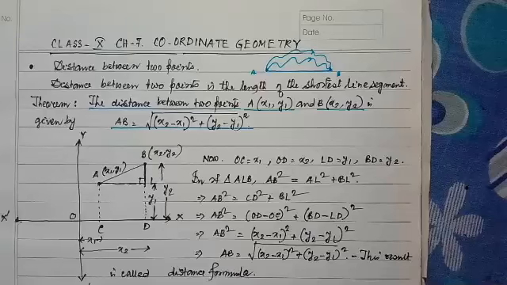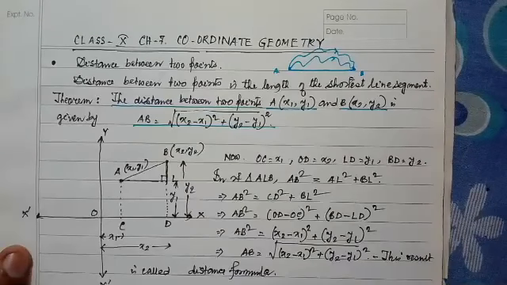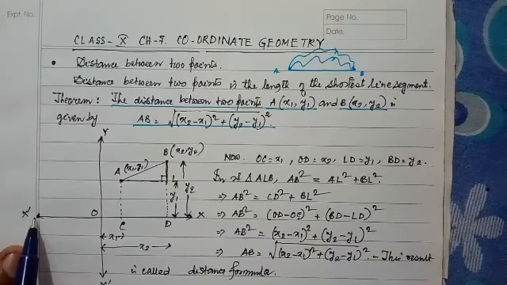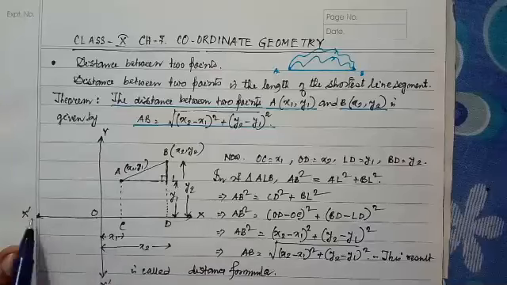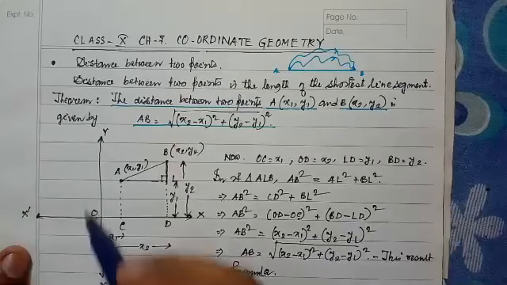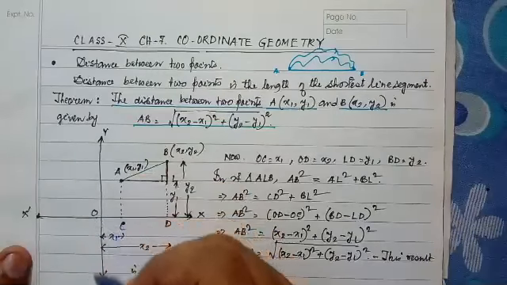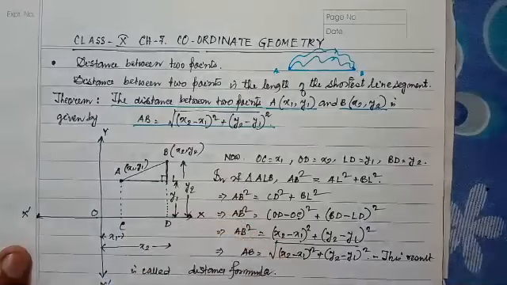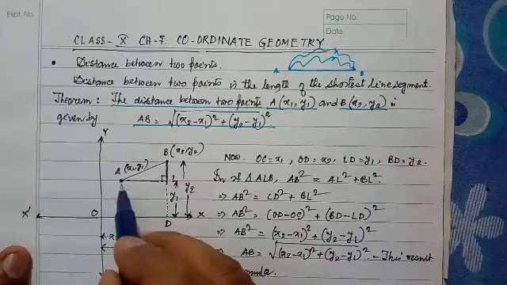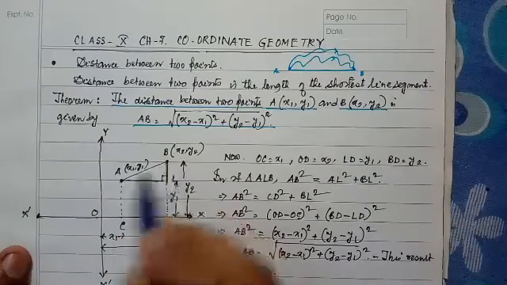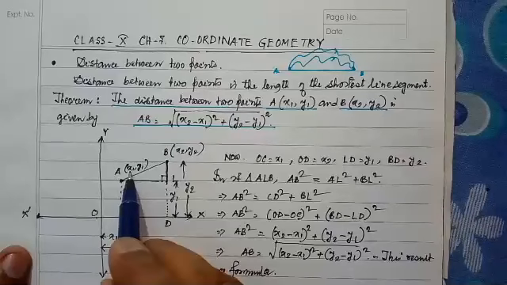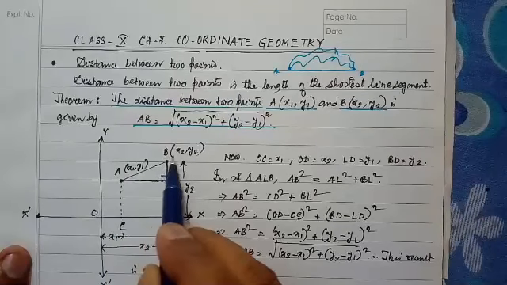This is done in this way. X dash OX is the x-axis and Y O Y dash is the y-axis. Let the 2 points be A and B. This is A having coordinates (x1, y1) and B (x2, y2).